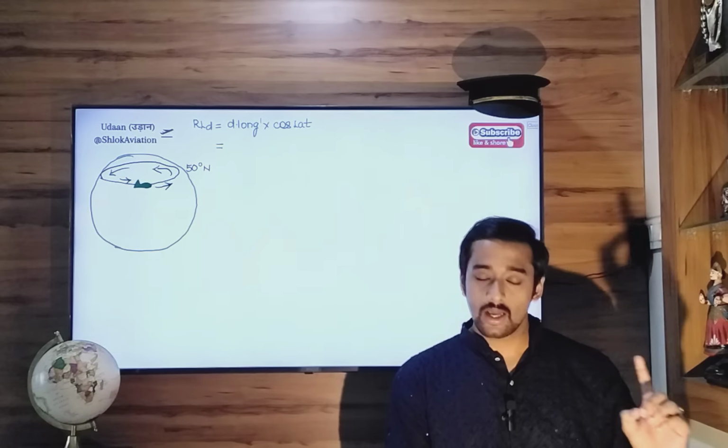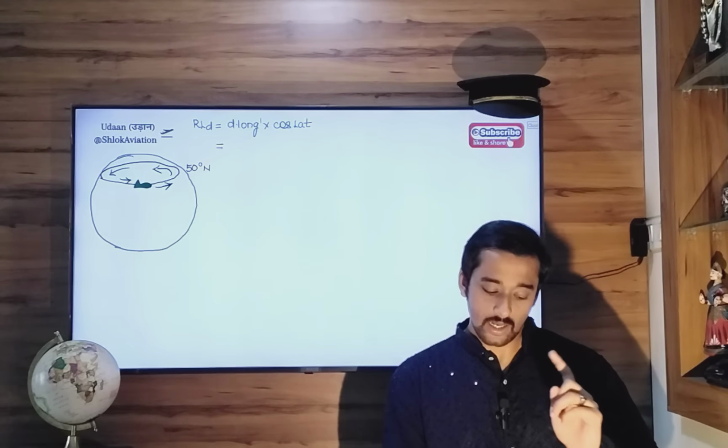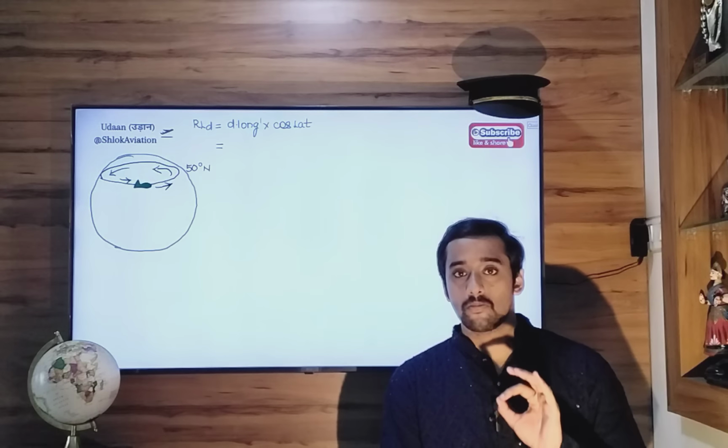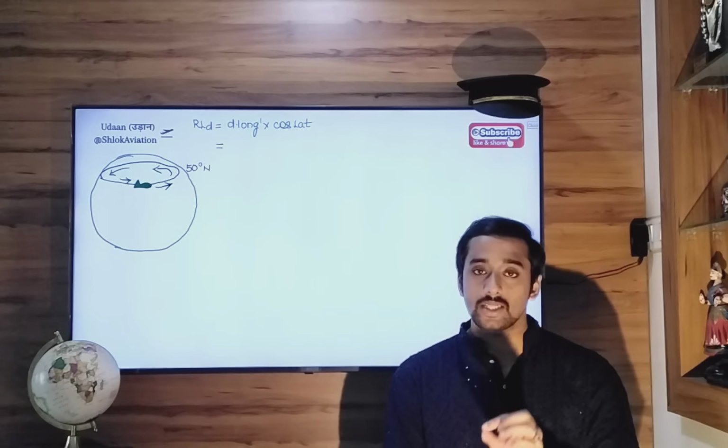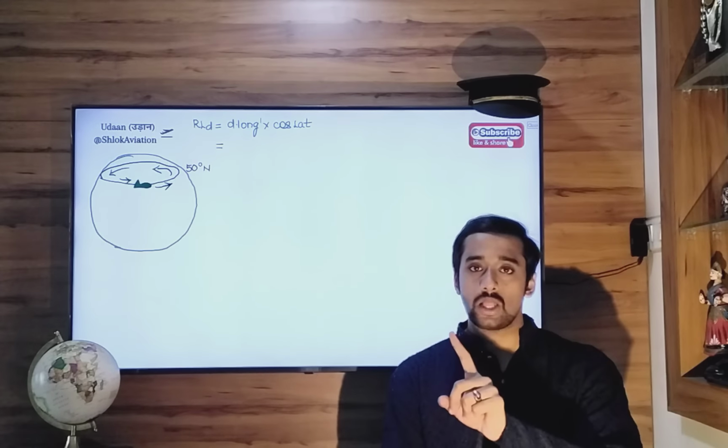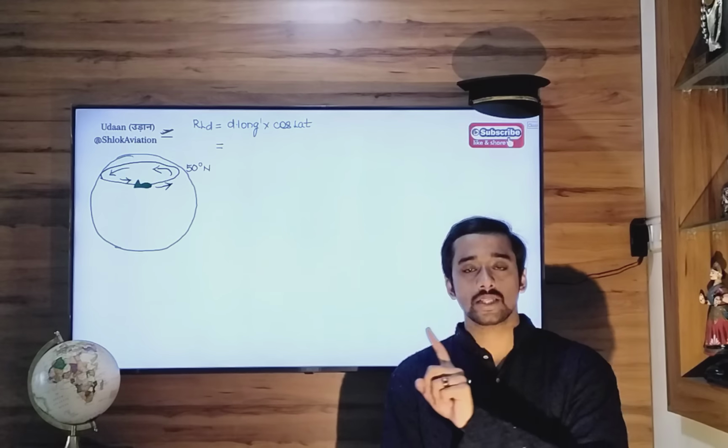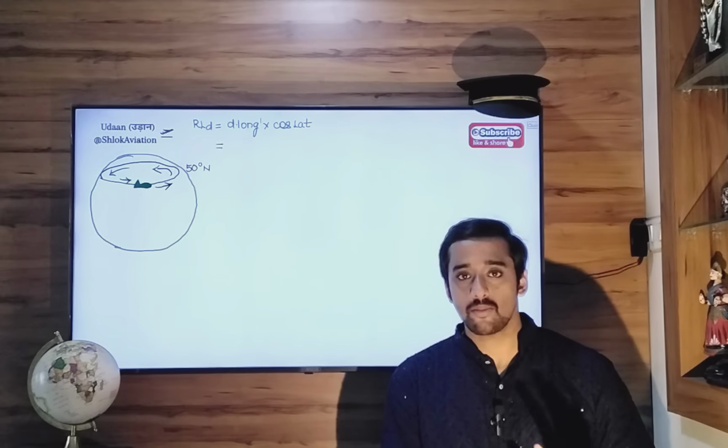What is the total difference in longitudes when you make a complete 360° rotation? It is 360°. You start at one longitude, make a complete 360° rotation, and come back at that same longitude.